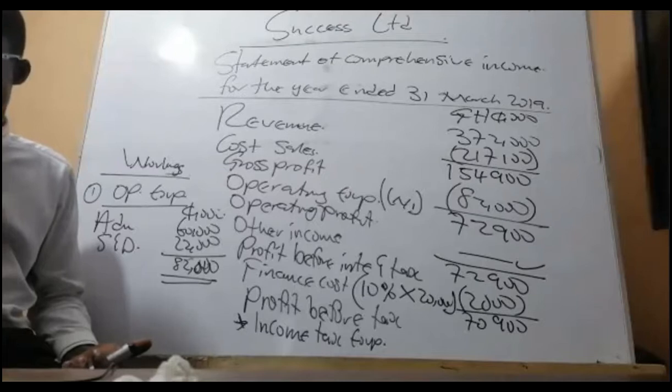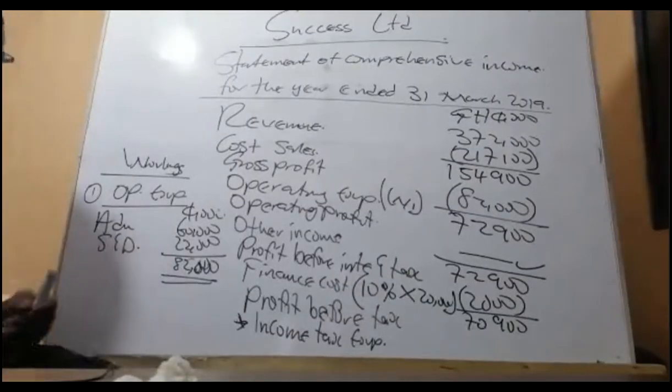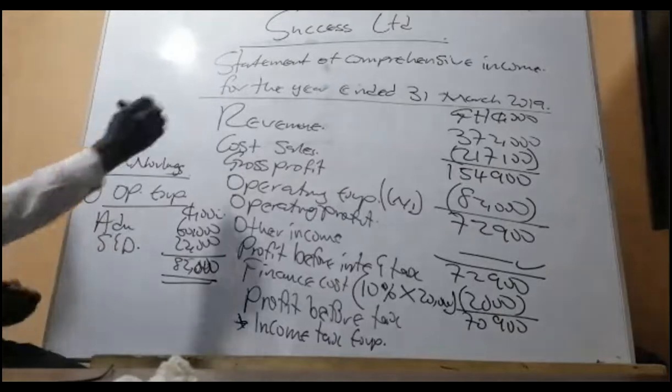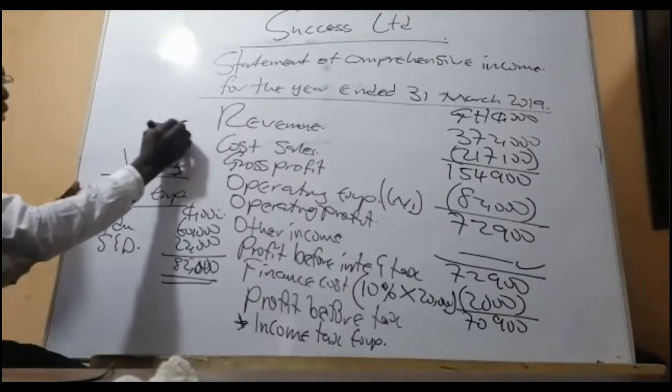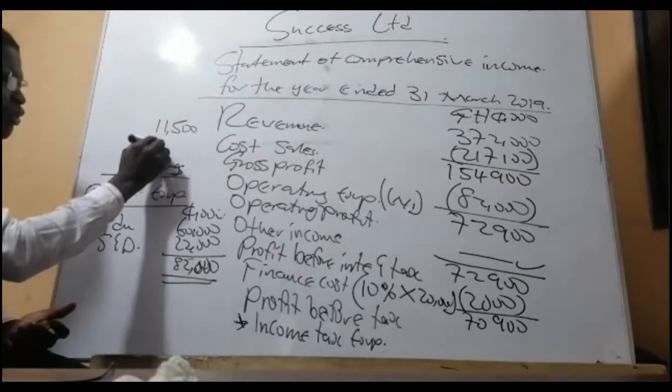Now let's see. In this question, there was a tax provision of 11,500, and a tax paid of 12,000. So we will have an under-provision of 500, and under-provision means expense. Let me explain this. Last year, you calculated that your tax liability was 11,500, and GRA said no, your tax is supposed to be 12,000.